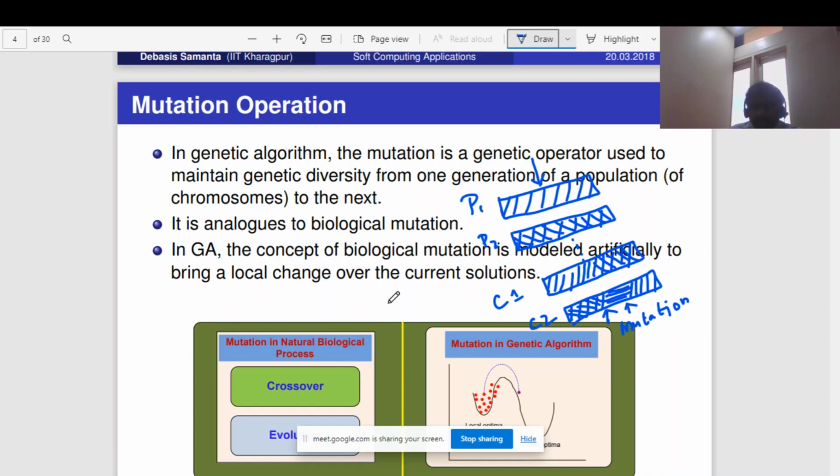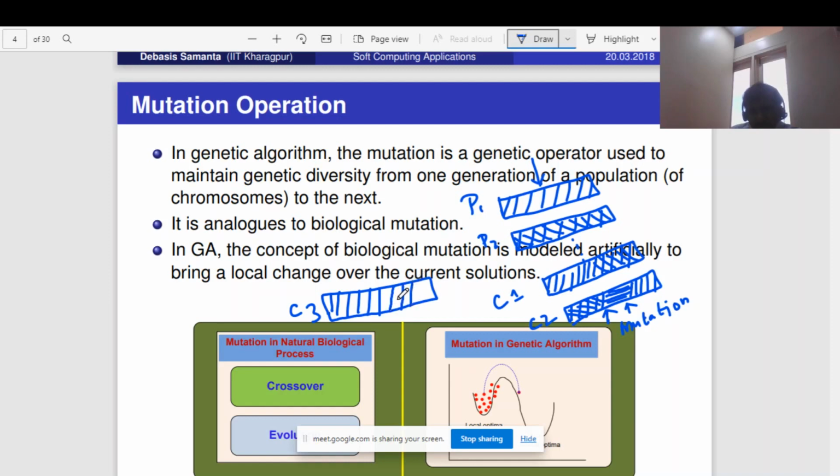This copying process may go wrong, just like when you copy some content from one place to another in a computer, sometimes due to hardware or software malfunction the file may not copy properly. Here also it may happen. Say for example, another child, its first part is coming from parent 1, the second part should come from parent 2, but it is coming like this, it should be checked, right?